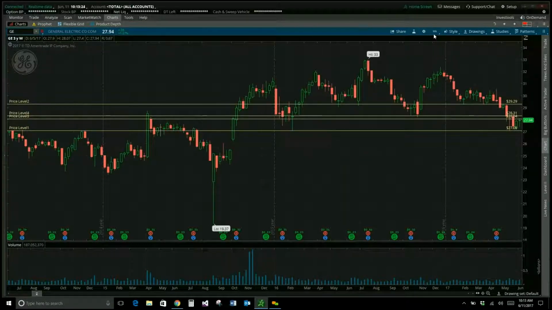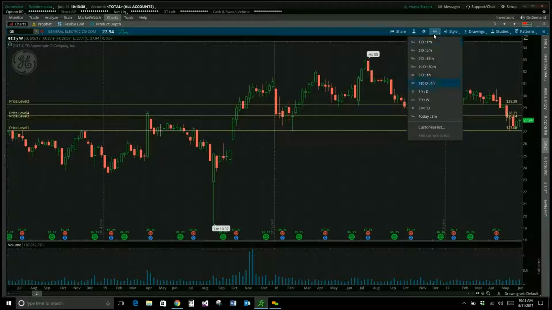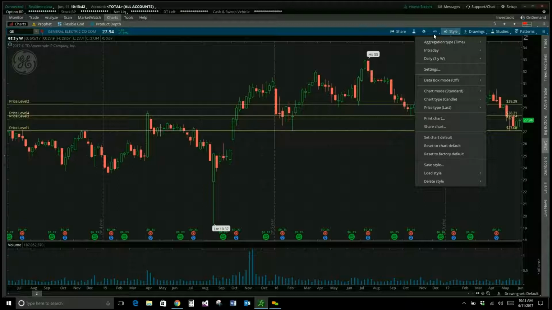I typically don't use the monthly. That's more for if you're going to hold for a year or so, because there's no reason to look at a smaller time frame if you're going to hold that long. If you go to a smaller time frame, you're going to create yourself a headache because you're going to see it fluctuate a lot, and you're going to want to exit a lot.